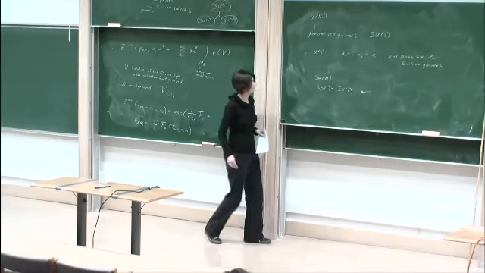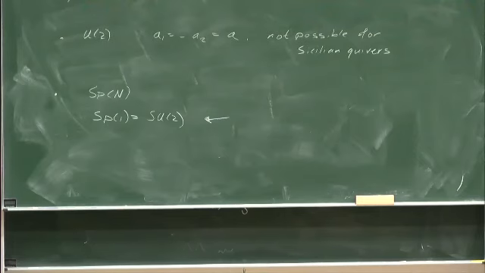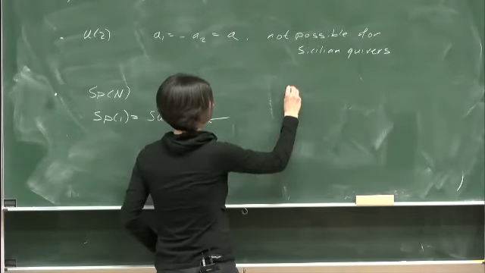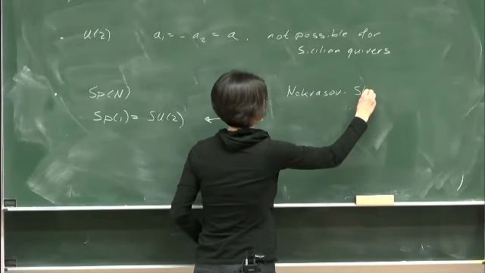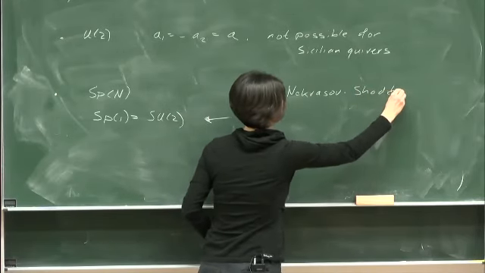Instanton counting for the gauge group Sp(1) had been done before by Nekrasov and Shadchin.